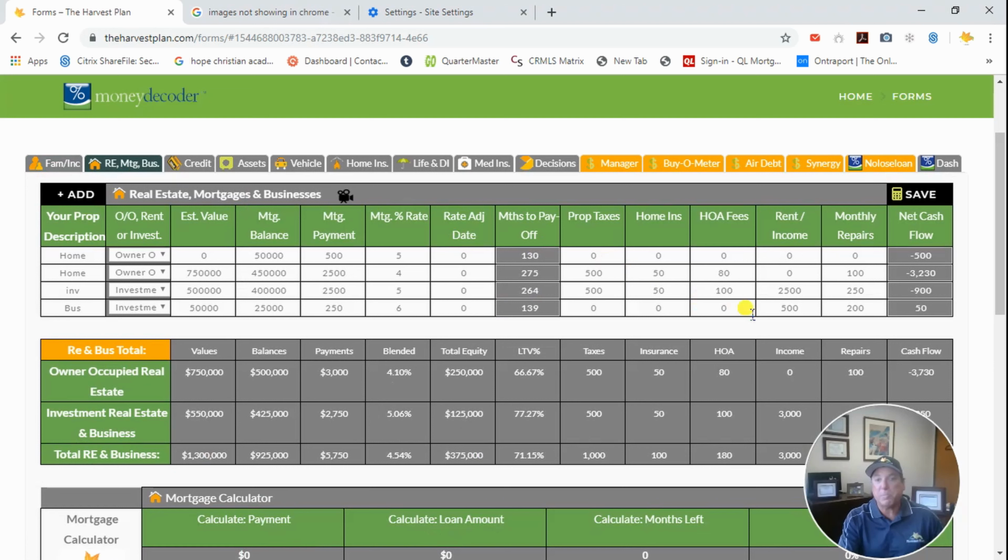So it depends on how you pay yourself. If you pay yourself all salary and there's no profits at the end of the year, put it all over here. If you pay yourself all profits at the end of the year and you don't take a salary, put it all over here, or blend it based on what you're doing. And then your expenses here, of course.